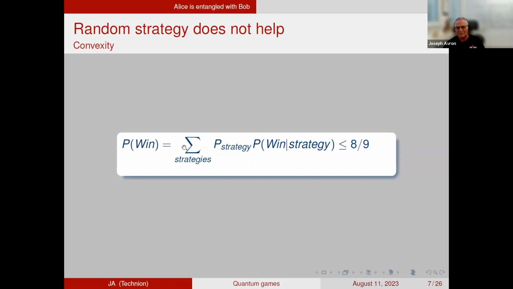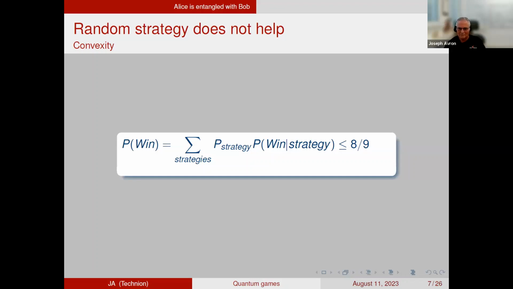And then you can see by a simple argument of convexity that the winning probability, if you make a random strategy, then here is the probability of picking a given strategy, but the probability for winning at any given strategy is at most 8 over 9. So the winning strategy, even if you allow yourself randomness, does not improve. So I think this addresses the question that you perhaps asked.